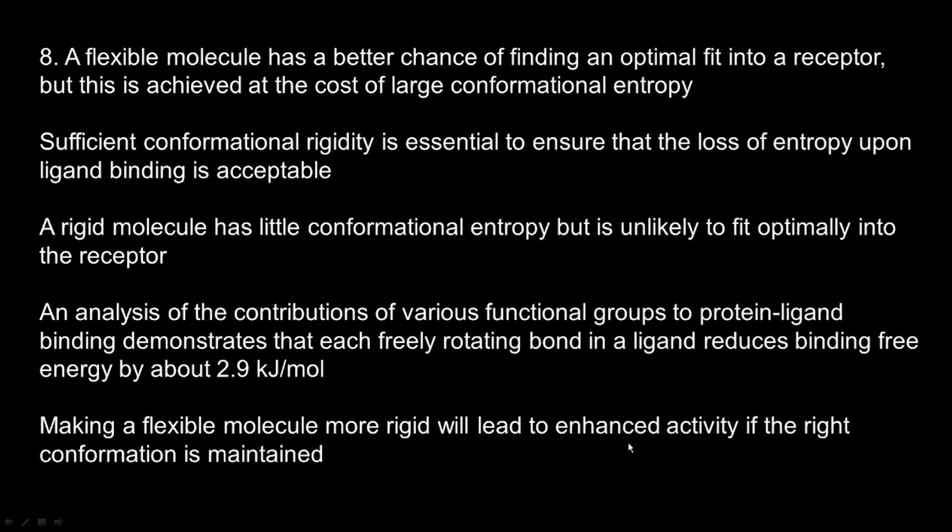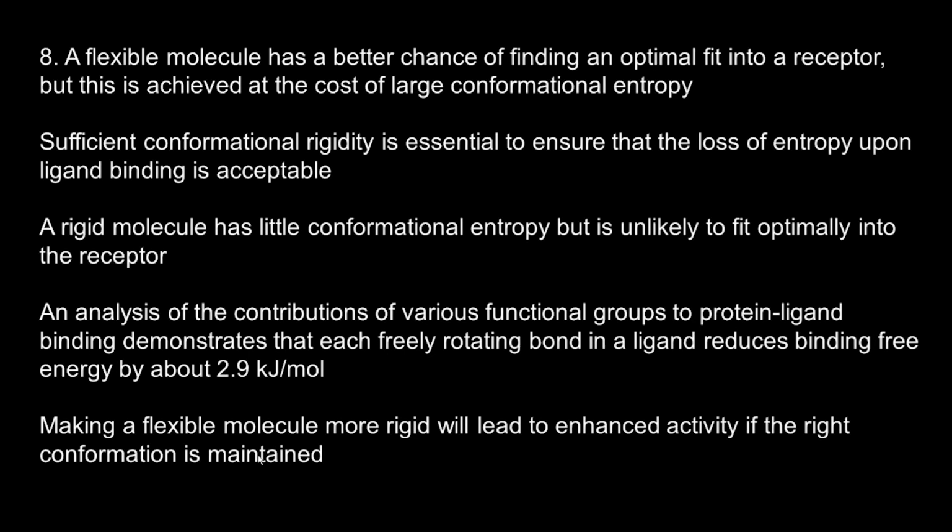Like I said, it's good to make it rigid because you can reduce the conformational entropy and increase the binding energy, but the conformation should match the biologically active conformation as well as optimally bind to the active site of the protein. So you need to balance all these if you want to achieve a good ligand structure and shape.